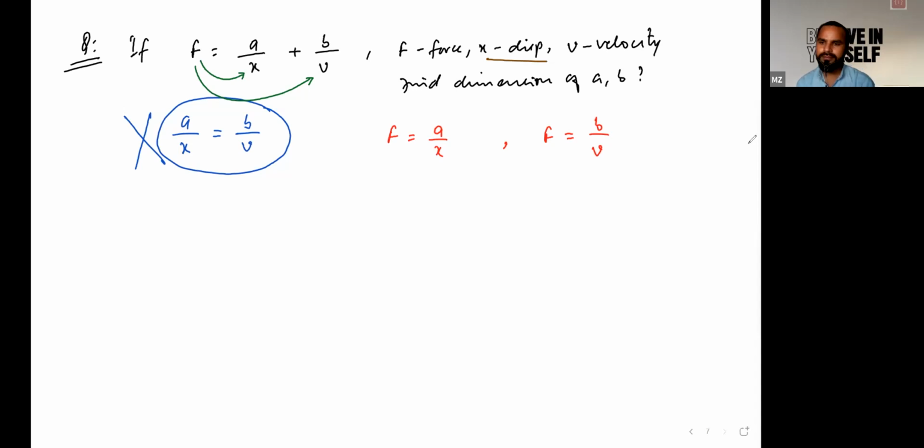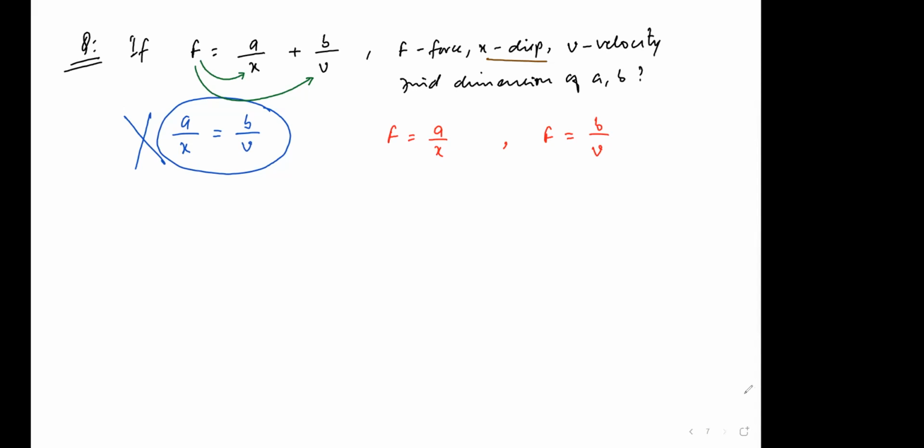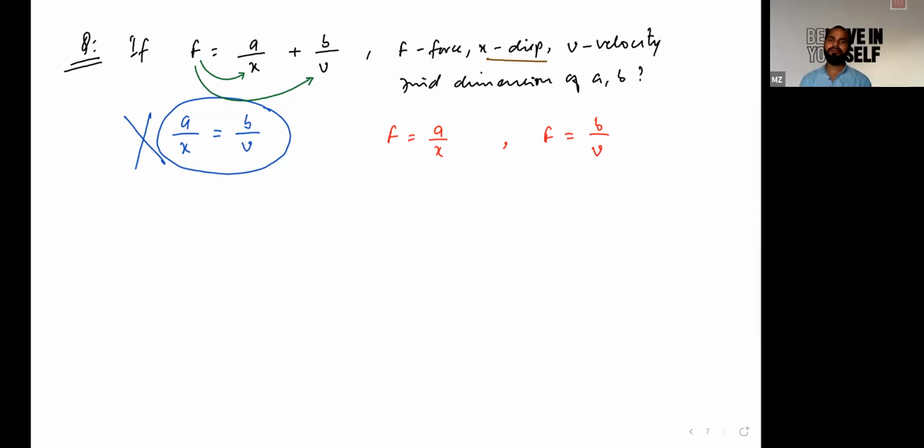Sumara, have you solved? Safan, yes, sir. In place of velocity, it would be LT minus 1. LT minus 1.